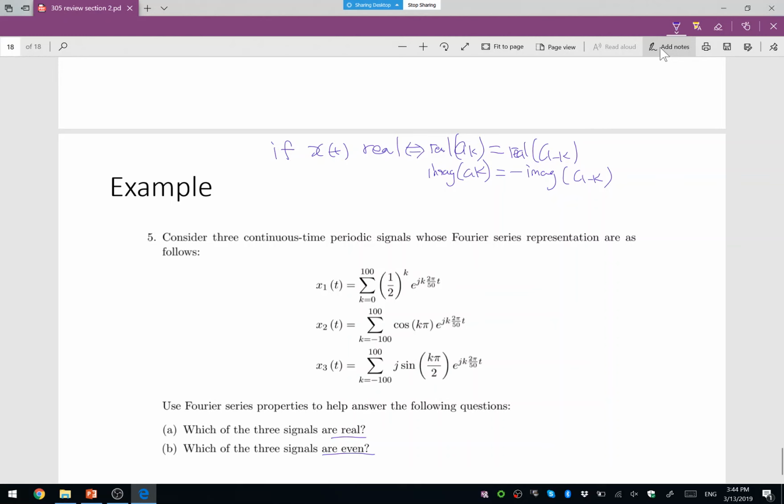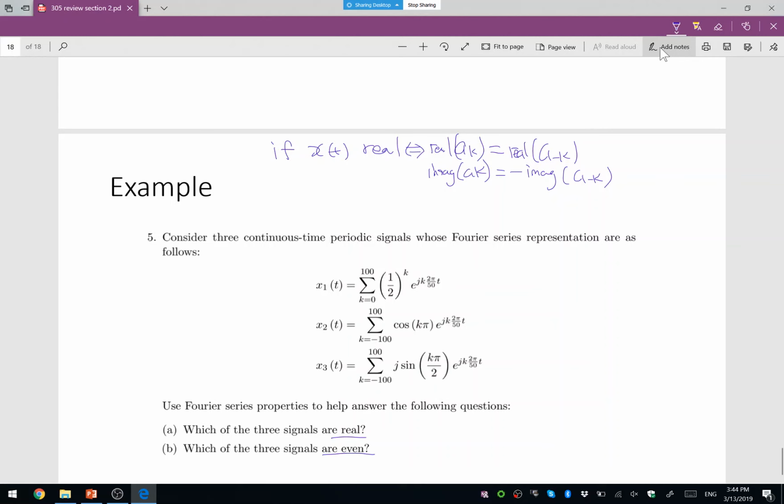Question? In some of these examples, if the real or imaginary part of a_k is just 0, what does that mean? Well, all 0 is both even and odd. So it would still apply?